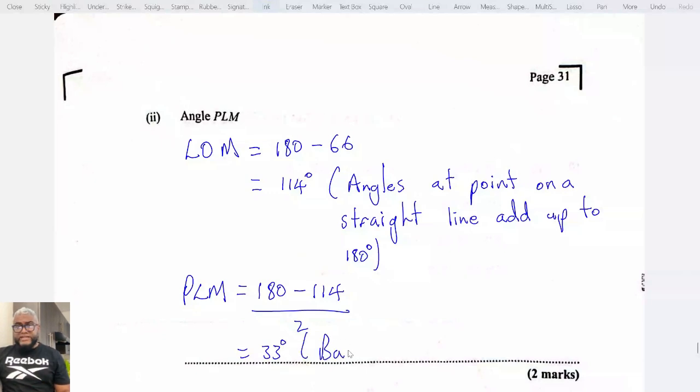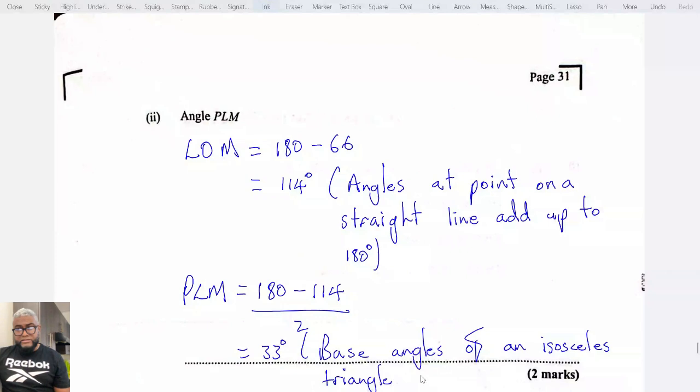And this will be base angles of an isosceles triangle are equal. Everybody good there?